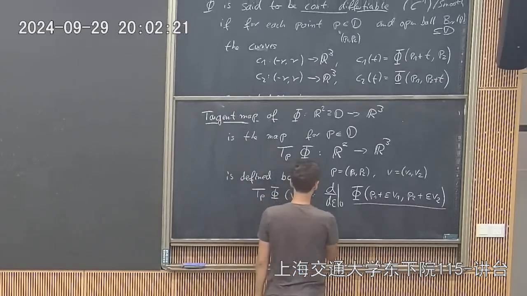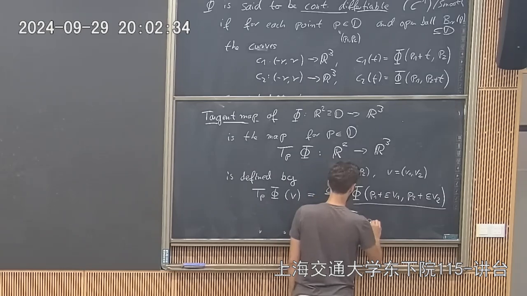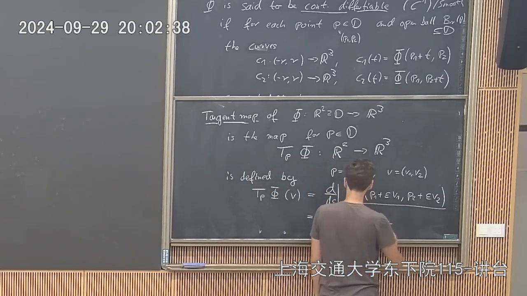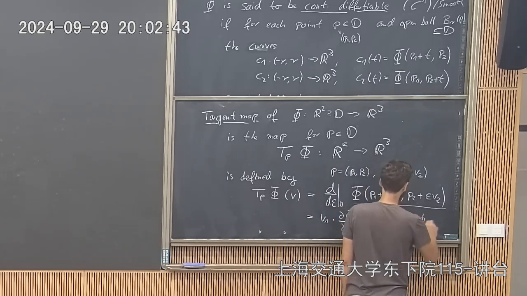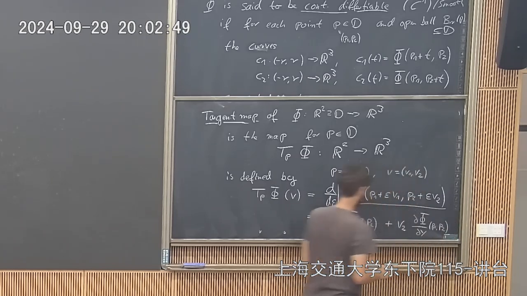So if you write this, what happens is then that we get V1 times the partial derivative of phi at the point P1, P2 in the direction of V1. And now we get the same time V2 partial derivative at this time in y direction at P1, P2.